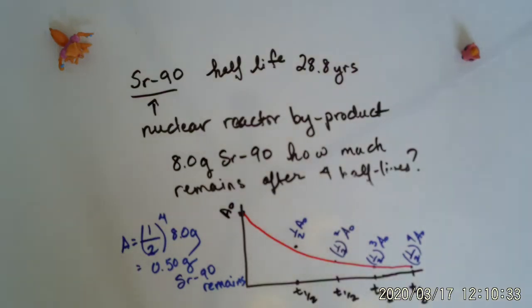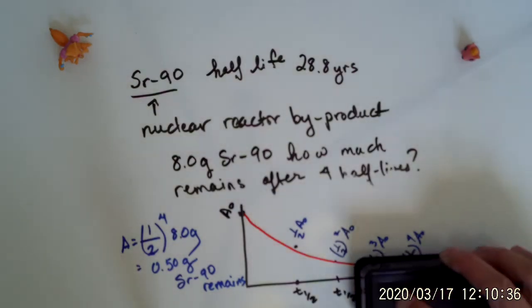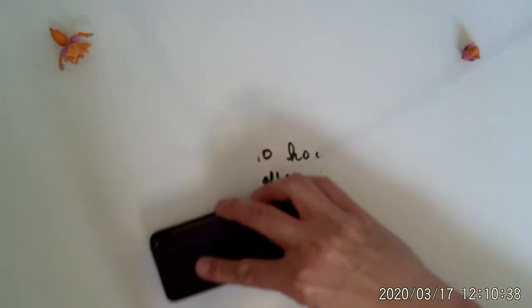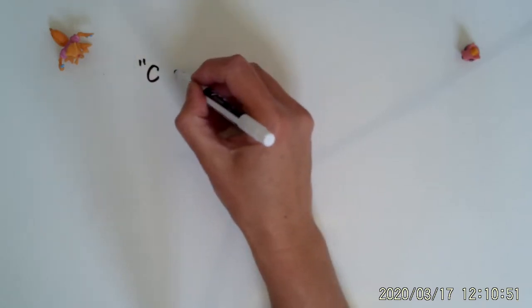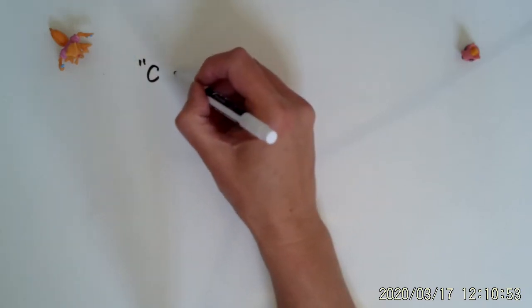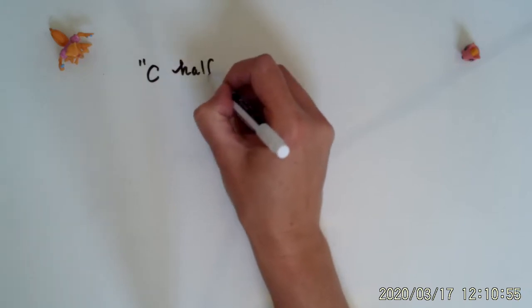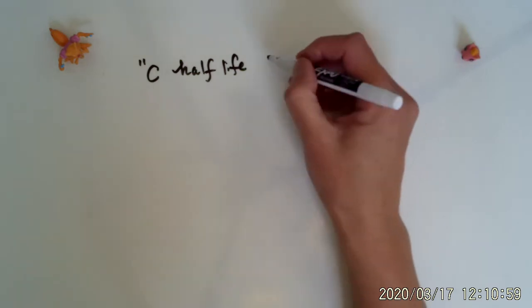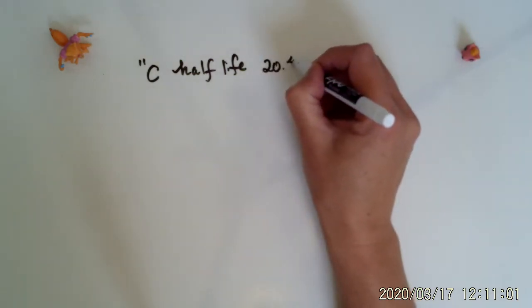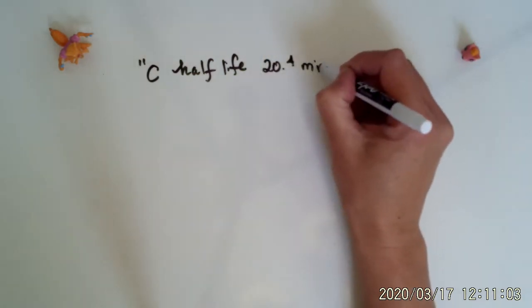Okay, so that's one way to do the radioactivity based on just the half-lives. What happens if you don't have such an even number, like I don't have exactly 4 half-lives out? Well, what else can you do? So, let's try this example. Carbon-11 has a half-life of 20.4 minutes.